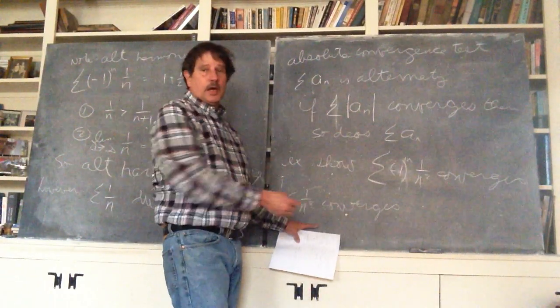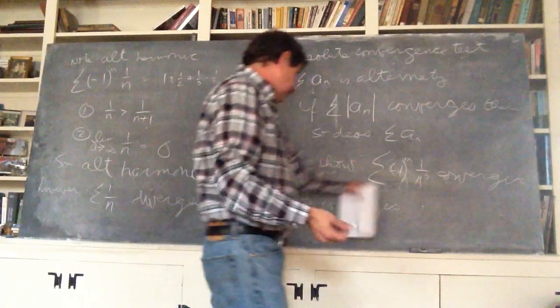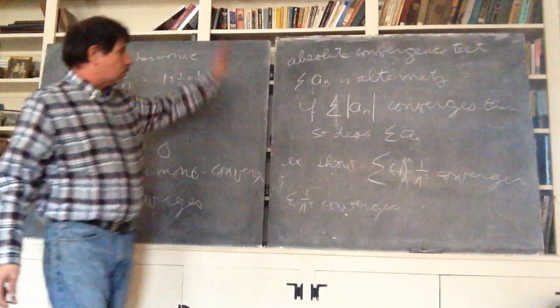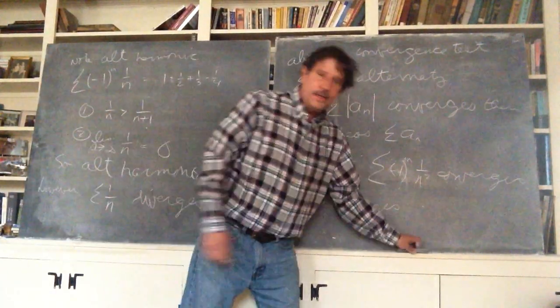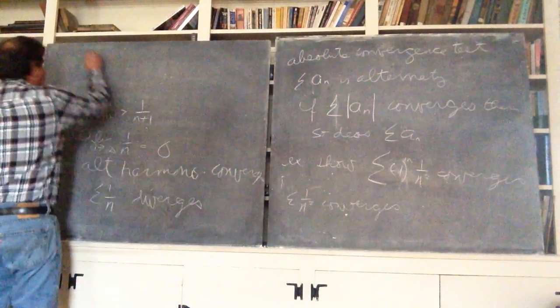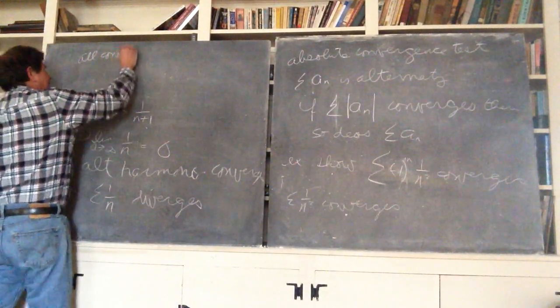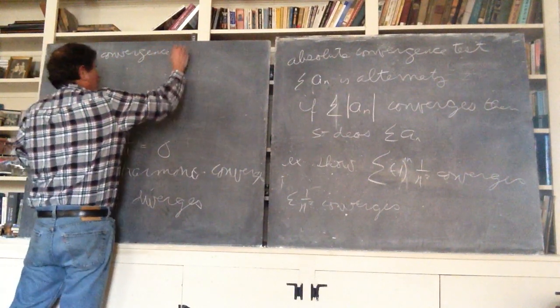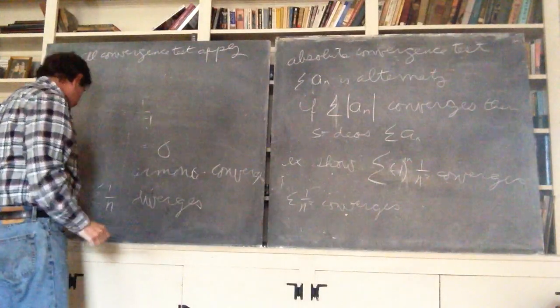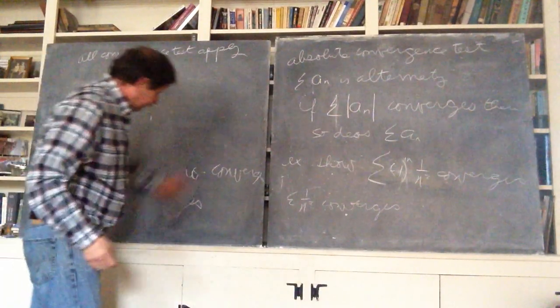That converges because of the p-test. Then so does the alternating series also converge. Because of the absolute convergence test, everything we talked about is on the table. All convergence tests apply right now, because if you can get a positive series to converge, then certainly the alternating series converges.